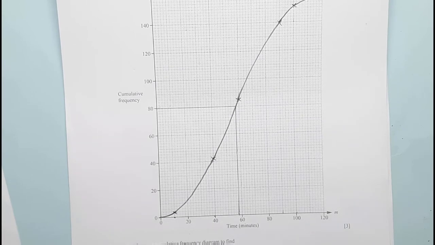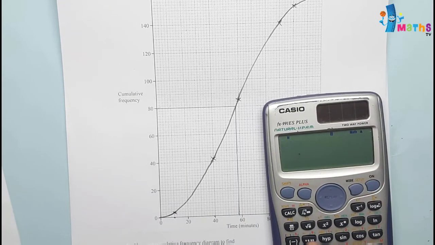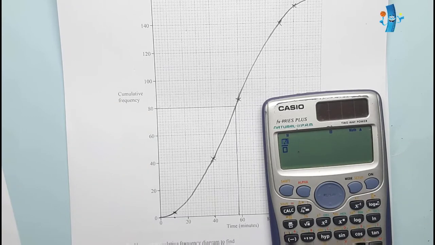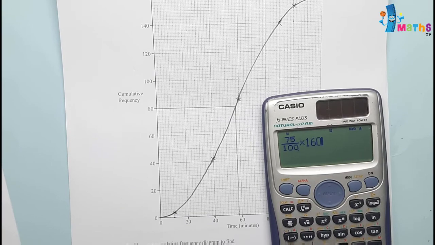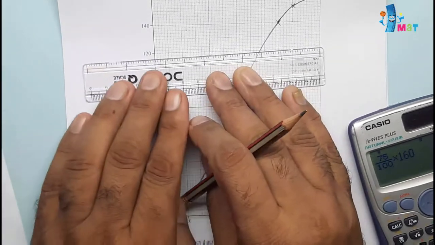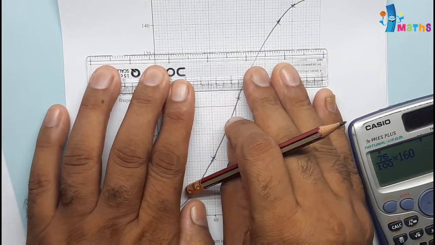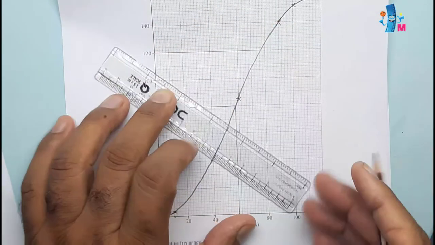Next is the interquartile range, which uses the 25th and 75th percentiles. So first I will calculate the 75th percentile. 75 over 100 multiplied by 160 is equal to 120. So what will be the value against 120? We will check this value.